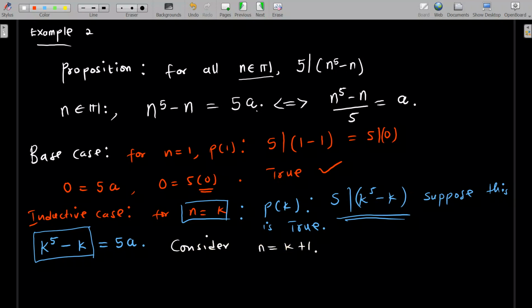We want to make sure that if we put k plus 1 here, to the power 5 minus k, we can write this as k to the power 5 minus k plus 5 times something. Now what is this expansion?